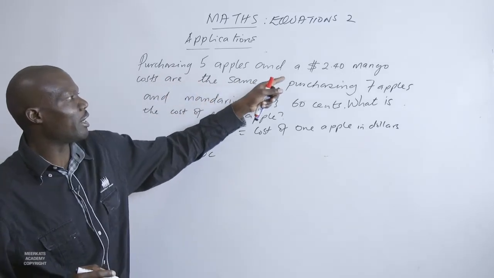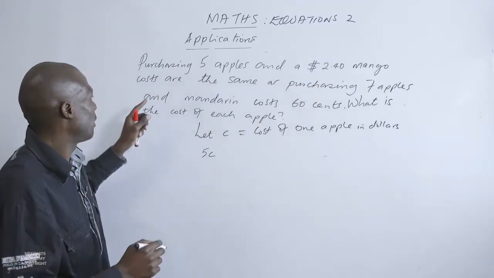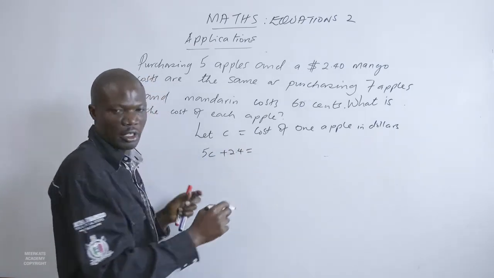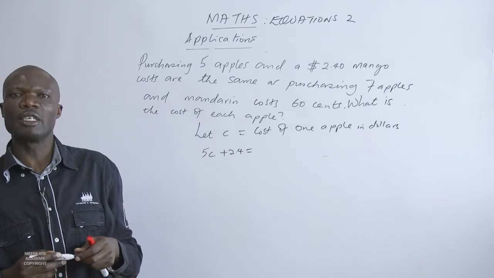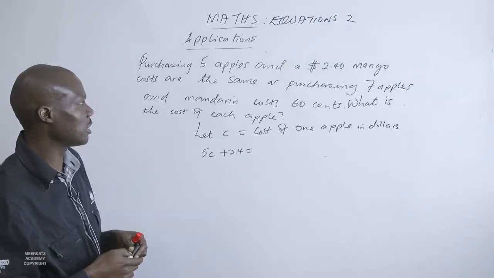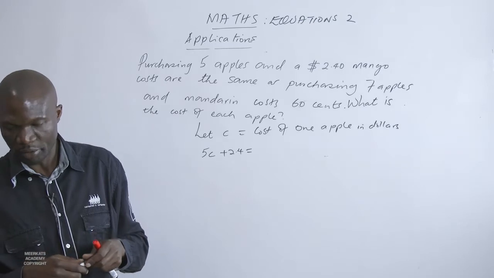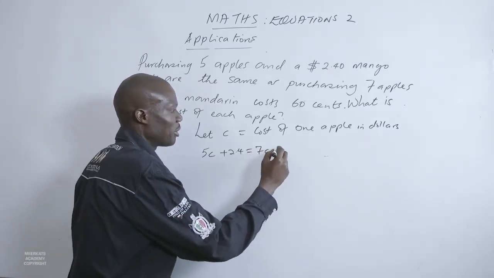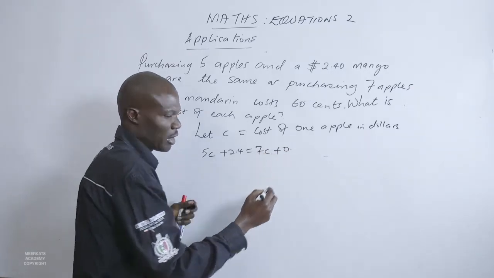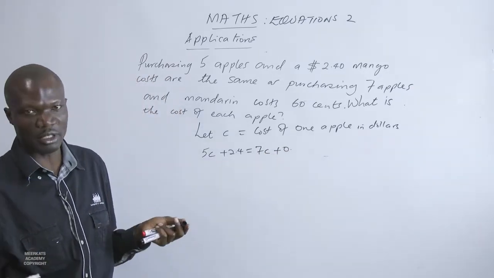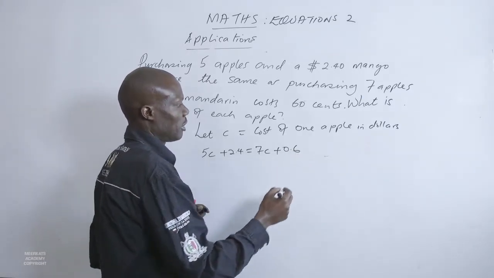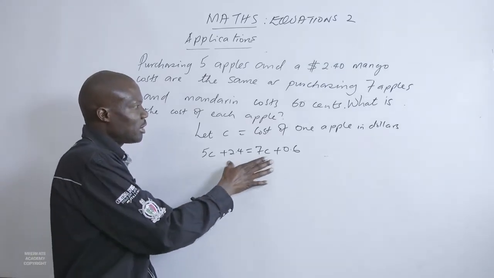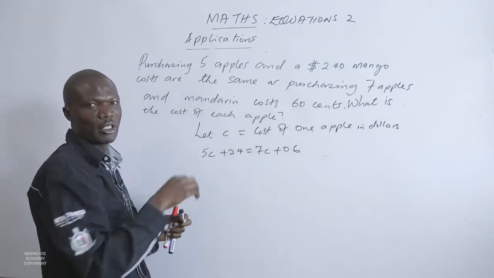Purchasing 5 apples and a $2.4 mango, so I'll add 2.4, is the same as purchasing 7 apples and a 60-cent mandarin. So this should be the same as 7C, and we have 60 cents as 0.6.